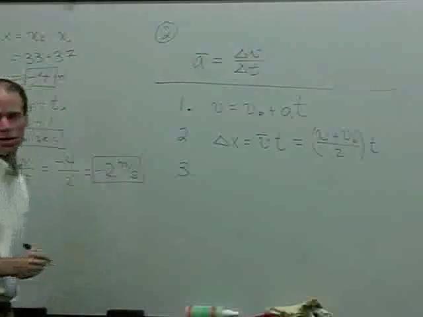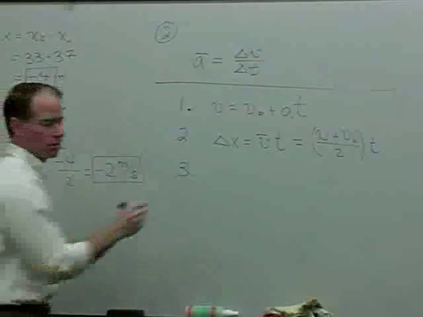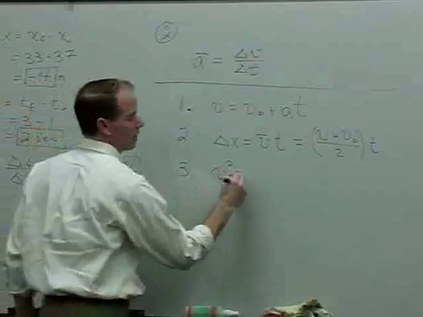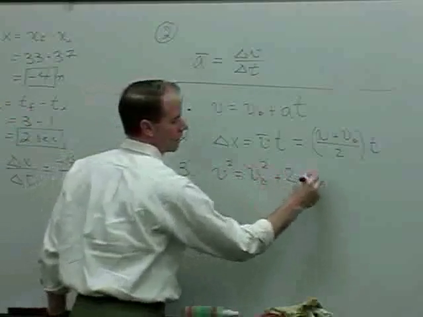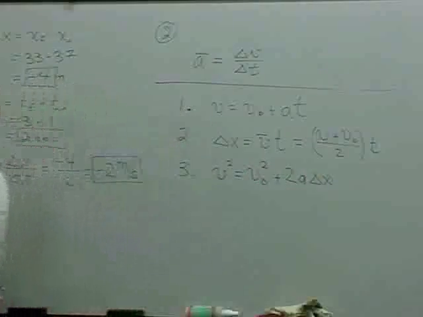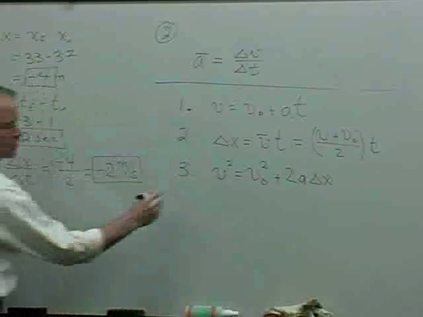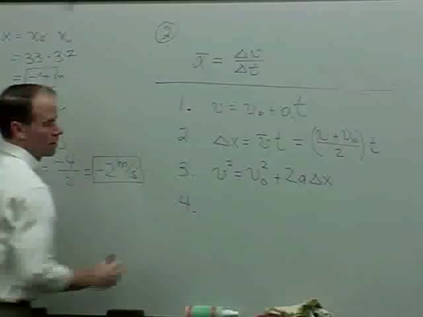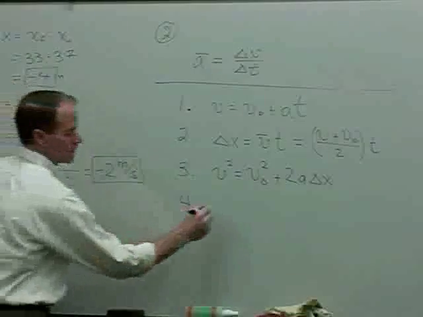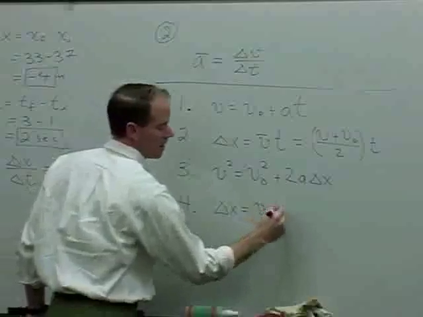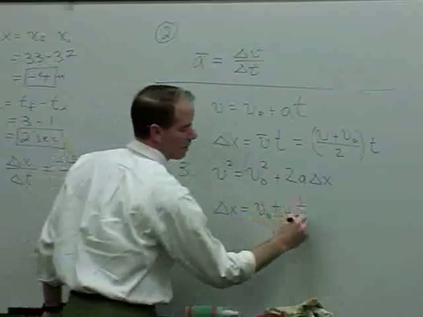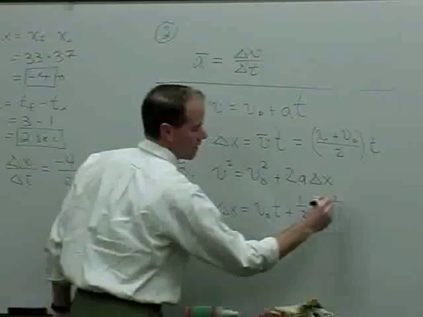Third one was final velocity squared equals initial velocity squared plus 2 times acceleration times displacement x. Fourth one, delta x displacement equals initial velocity times time plus 1/2 acceleration times time squared.